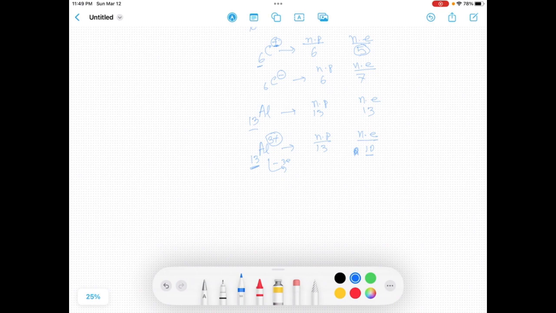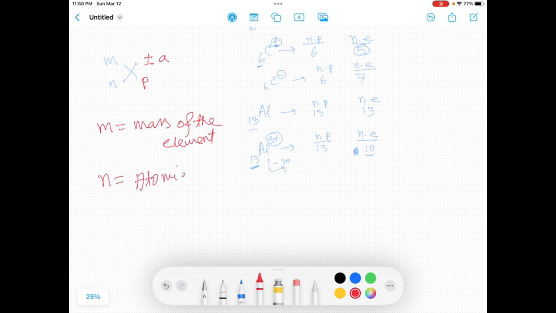Okay, now come back to our original situation. Any atom, suppose you show M, N, and plus or minus A for the charge, and another P. Here M is the mass number of the element, and N is the atomic number, equal to the proton number.